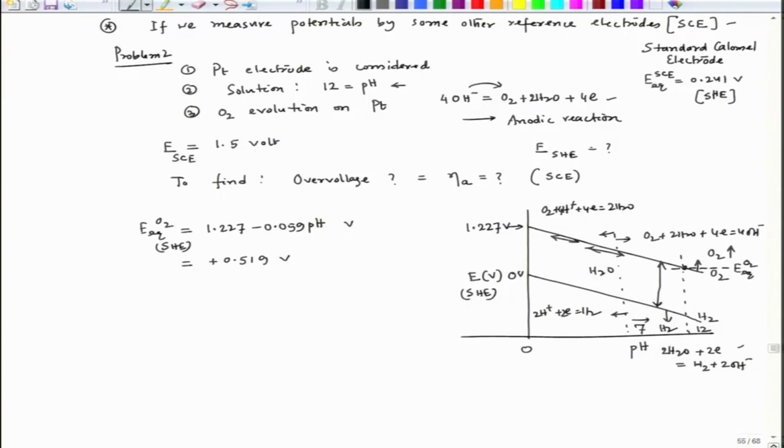So, we know what the equilibrium is. Now, let us draw the E versus log I plot. Since we have considered standard calomel electrode, first let us draw the potential axis.